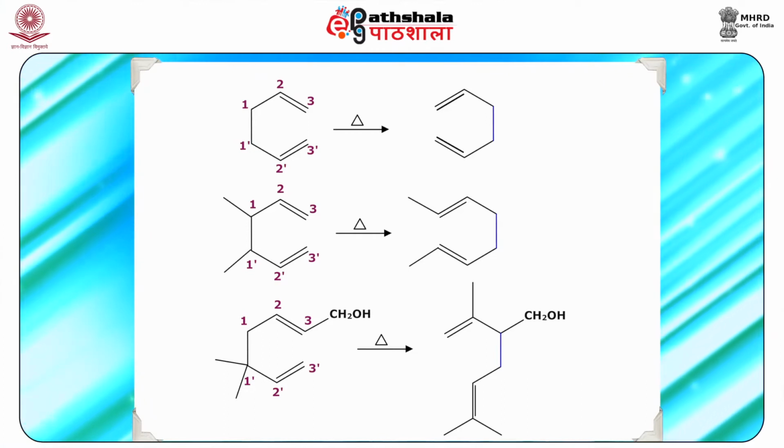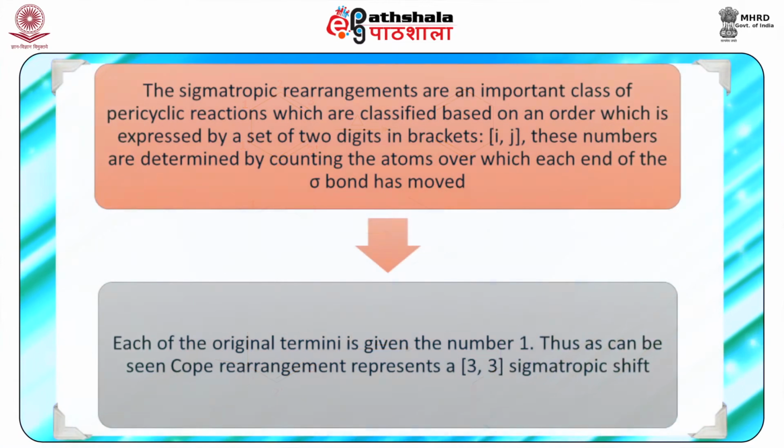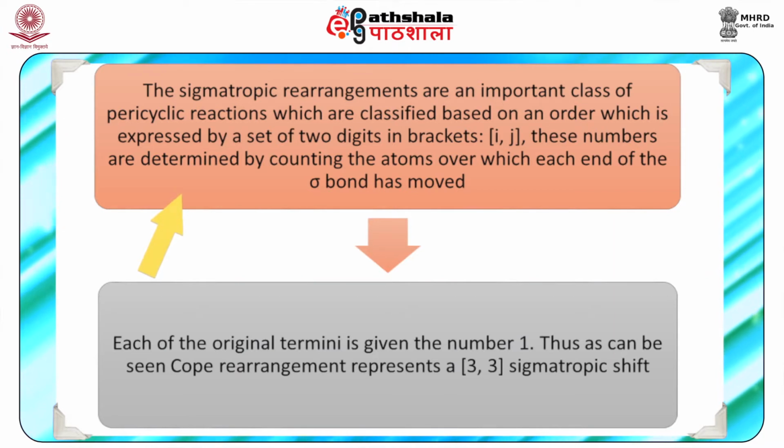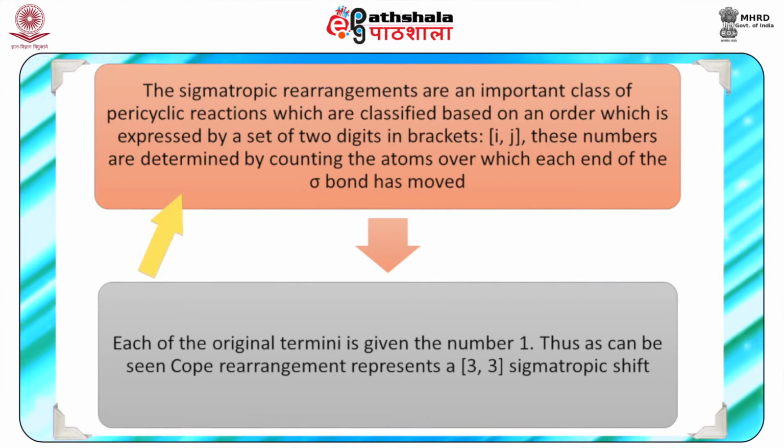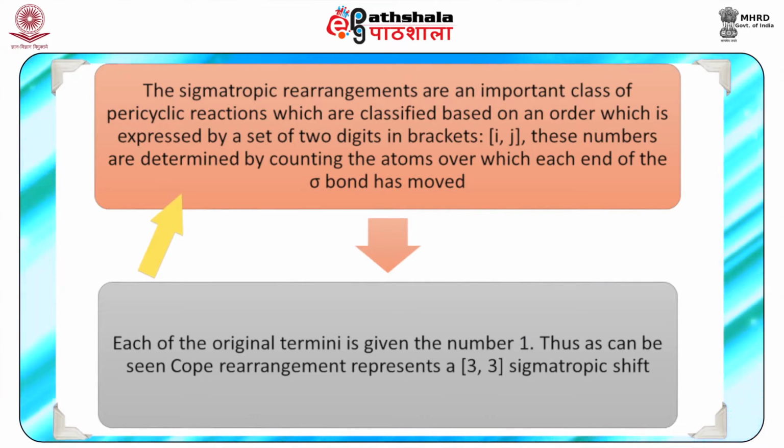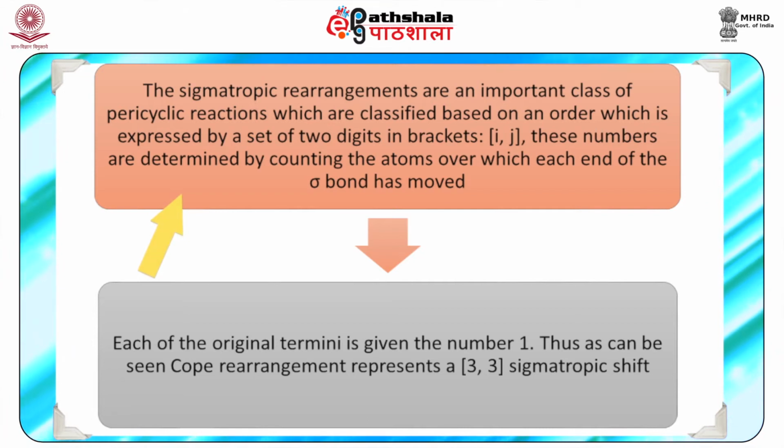As you can see in the example, sigmatropic rearrangements are an important class of pericyclic reactions which are classified based on an order expressed by a set of two digits in brackets, i and j.